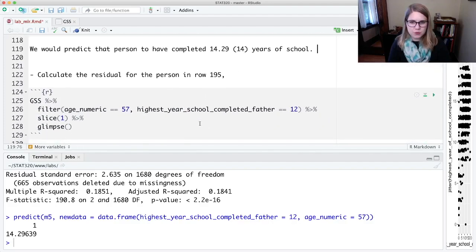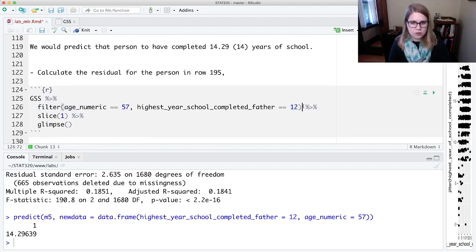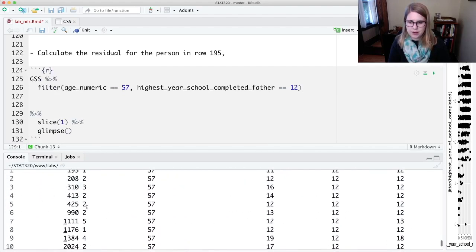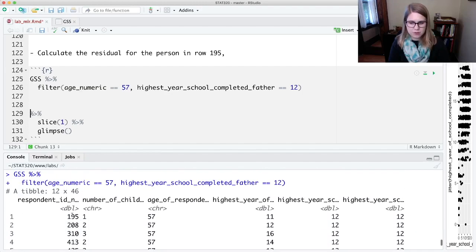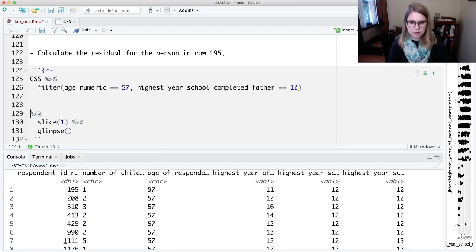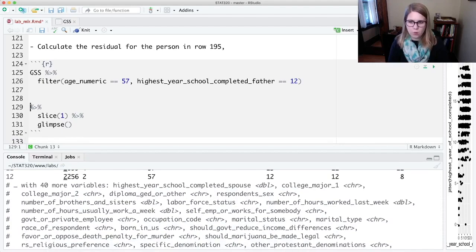And then if we wanted to, we could find a residual. So I have just done this GSS, and then I'm going to filter my data for all the people who are 57 years old and whose dad did 12 years of school. So if I just ran this much, I'm going to get a bunch of data. So there's 12 people in my data set who have those characteristics. They're 57 and their dad completed 12 years of school. I just want to look at one person.